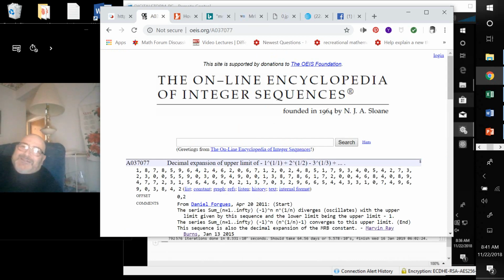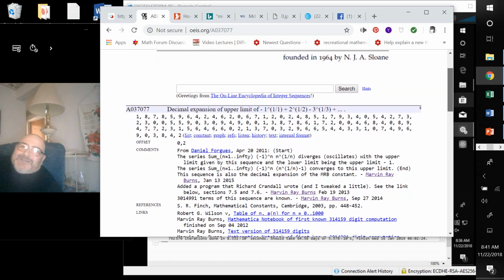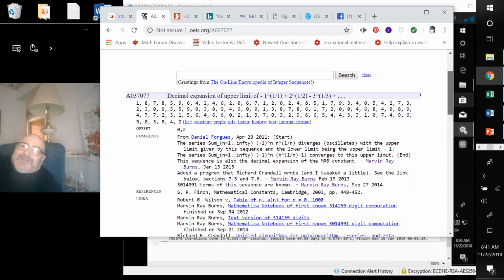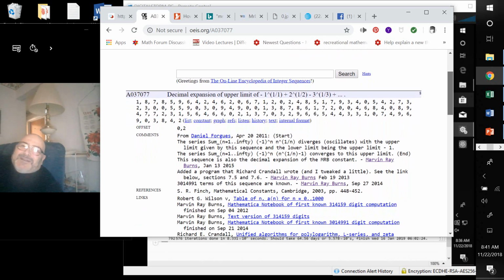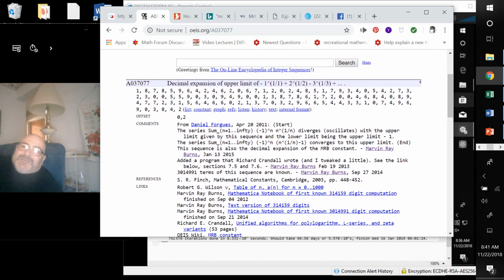A quick look at it. Right there it is. Decimal expansion of that limit. In the comments, you see the series sum n from 1 to infinity of (-1)^n times n^(1/n) diverges, oscillates, with the upper limit given by this sequence and the lower limit given by the upper limit minus 1.